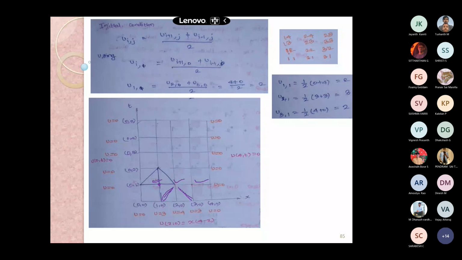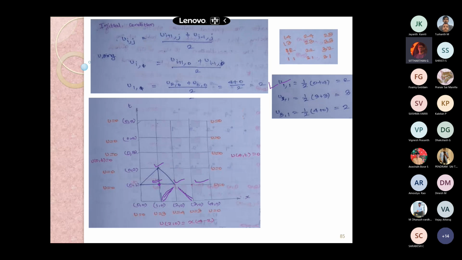Now Siddharthan, tell me the values for this particular point. This is the procedure for when t is equal to 1. When t is equal to 2 and for other points, we need to follow the reduced form of the wave equation. Siddharthan?